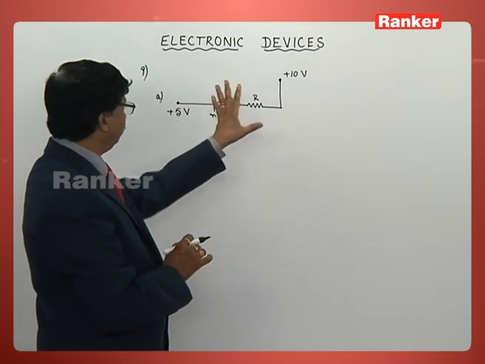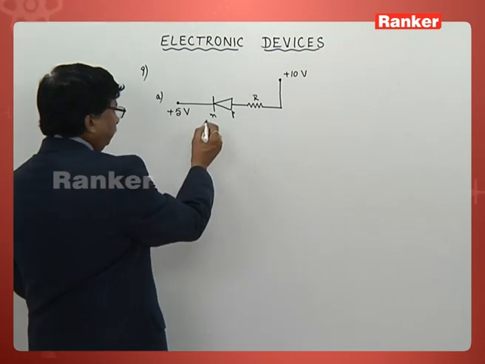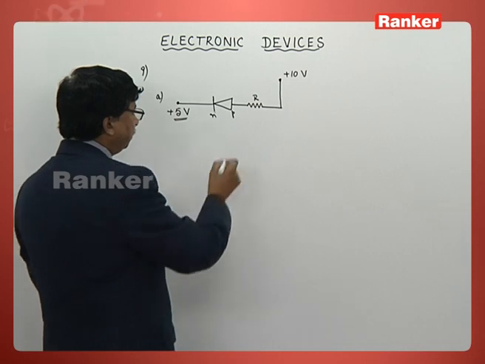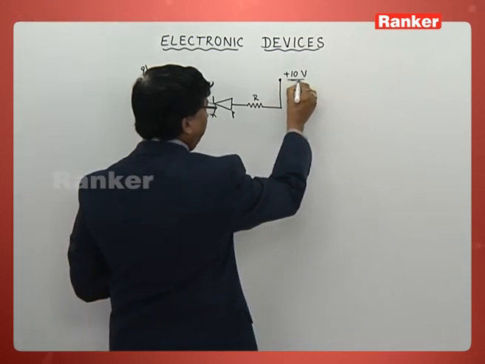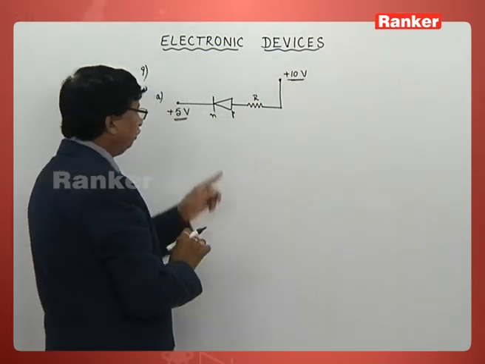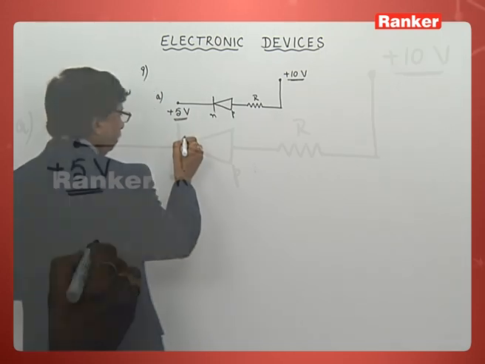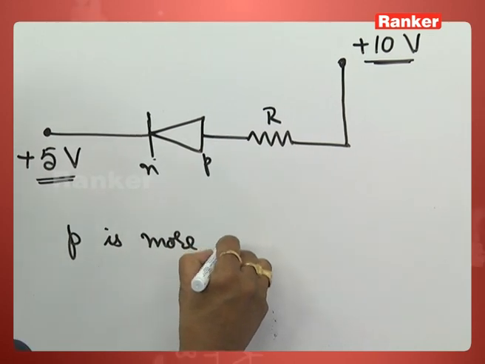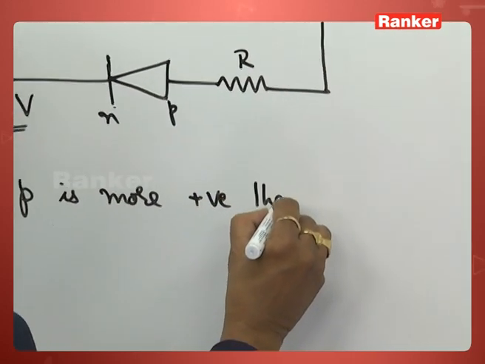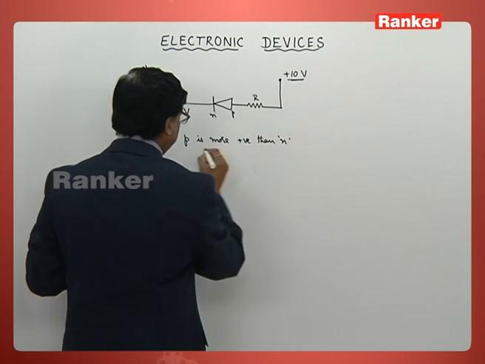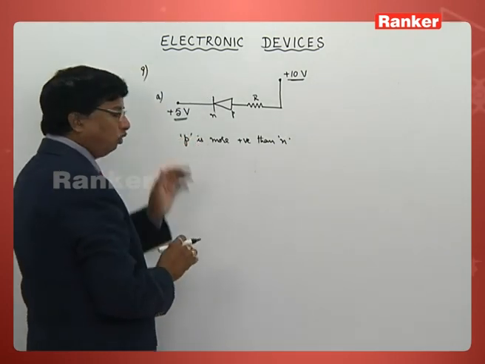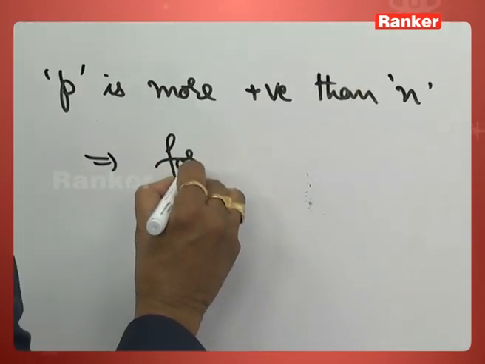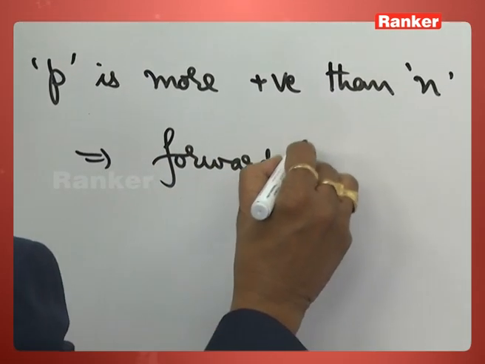Look at this option first. This N side is at plus 5 volt. That P side is at plus 10 volt. So you can understand now P is more positive than N. That itself is a wonderful clue for us to say that implies it is forward biasing.